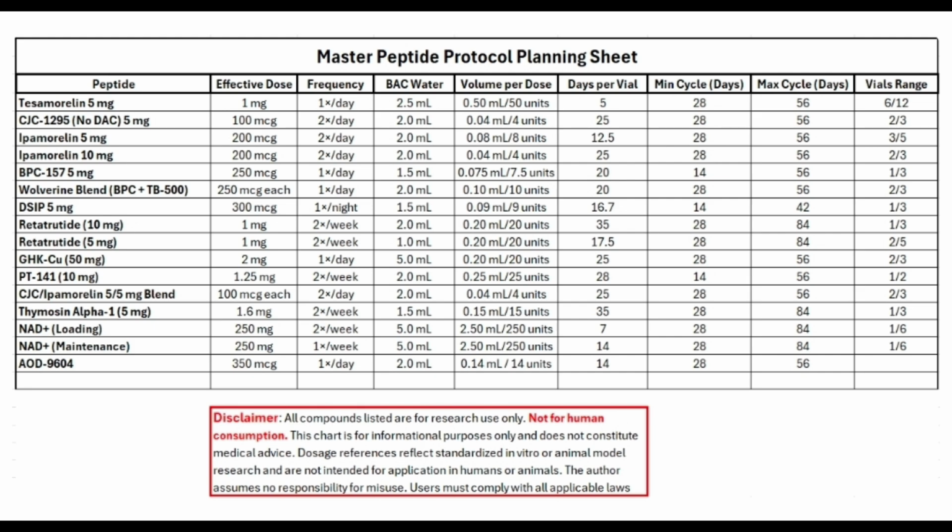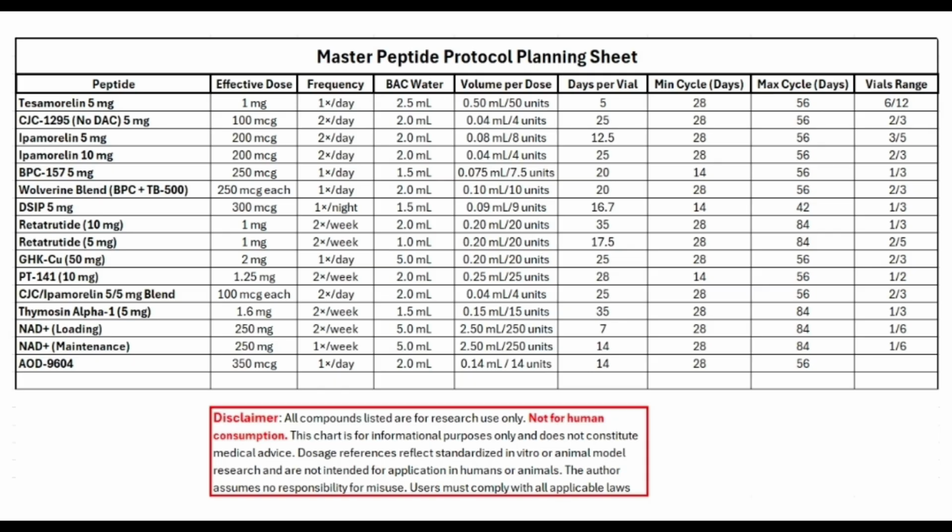So 2.5 mLs of backwater into 5 milligrams of Tesamorelin. If you draw 0.5 mLs, same thing as 50 units of this reconstituted Tesamorelin, that would be equivalent to 1 effective dose of Tesamorelin, 1 milligram of Tesamorelin. It's fairly simple, and you can go through each of these peptides and do the exact same.